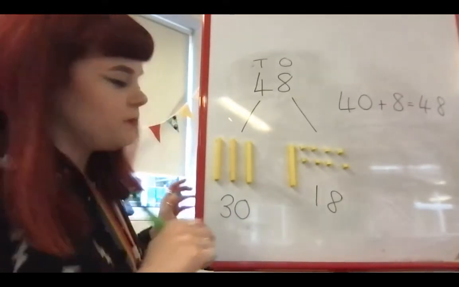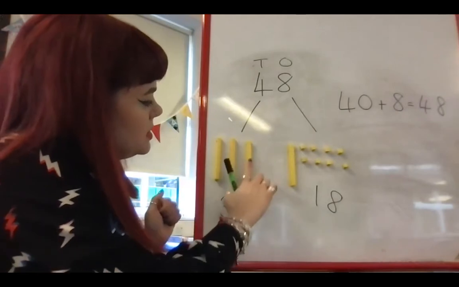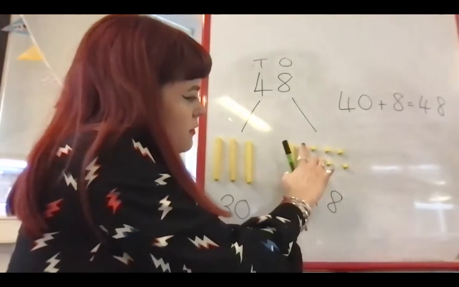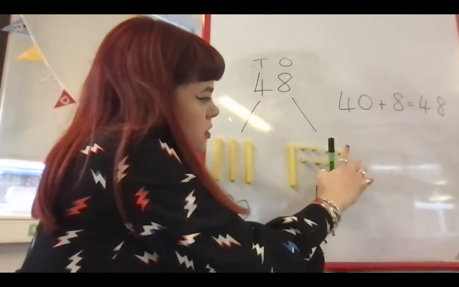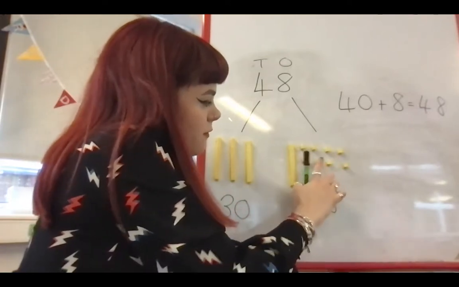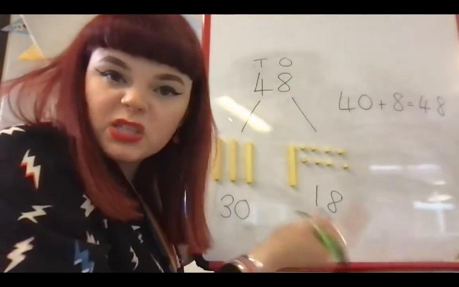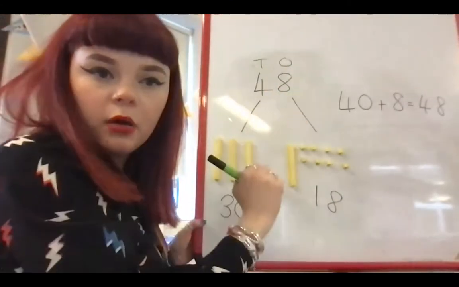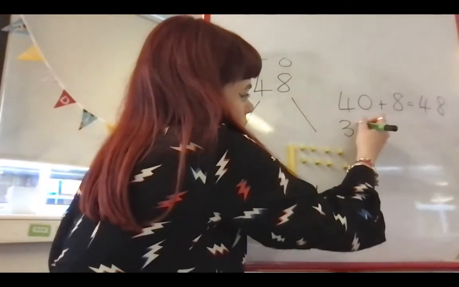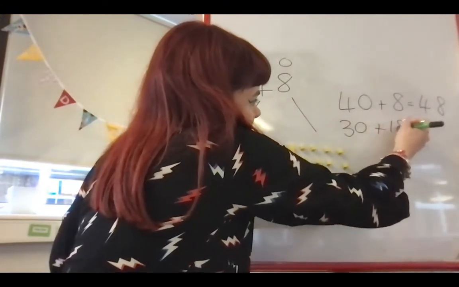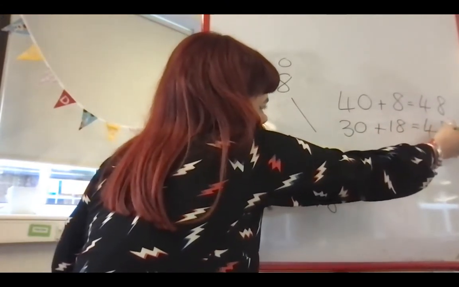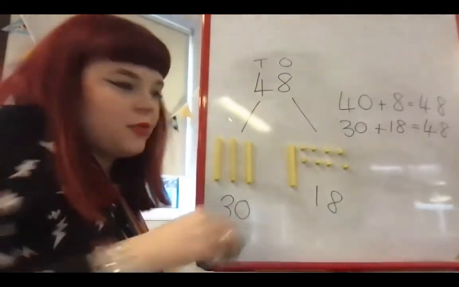Let's triple check. 10, 20, 30, 40, 41, 42, 43, 44, 45, 46, 47, 48. Wow, so these two numbers still come together to make our whole number of 48. So 30 add 18. I wonder if you came up with any more.